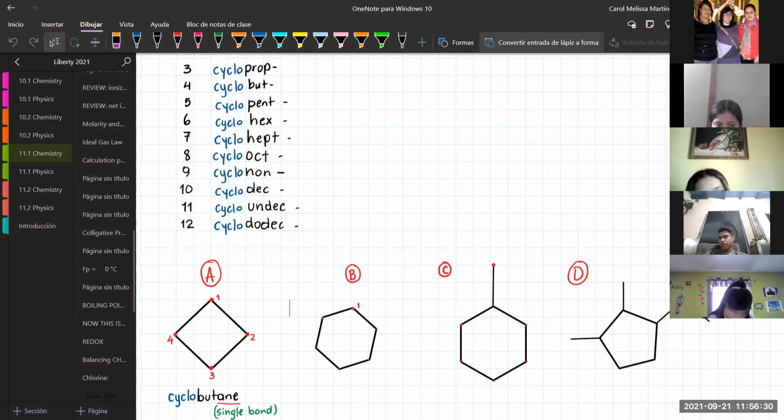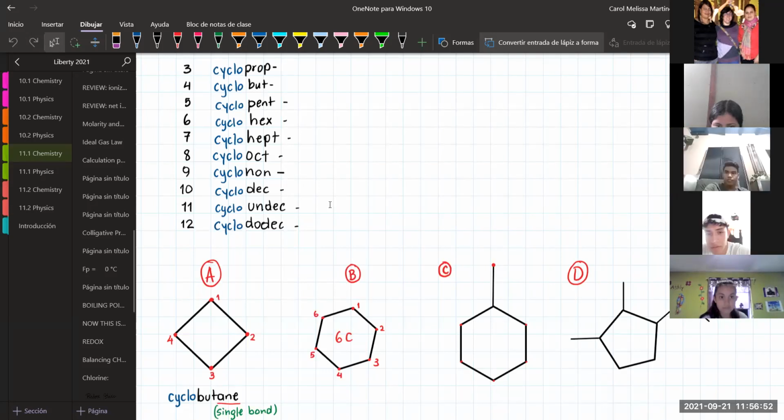Let's see this shape. The first thing that you have to do is start counting the carbons. As you notice here, I have 6 carbons. How do you call a geometric figure that has 6 carbons?